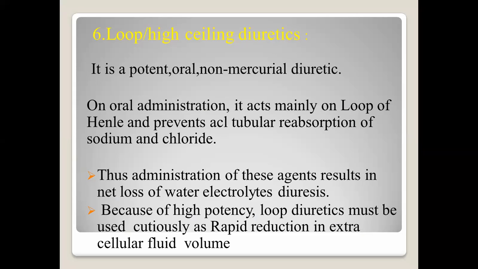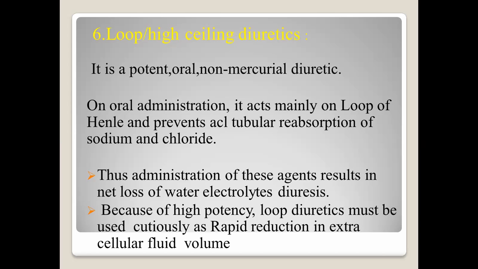Thus, administration of this agent results in net loss of water and electrolyte, that's diuresis. Because of high potency, loop diuretics must be used cautiously, as rapid reduction in extracellular fluid volume can occur.